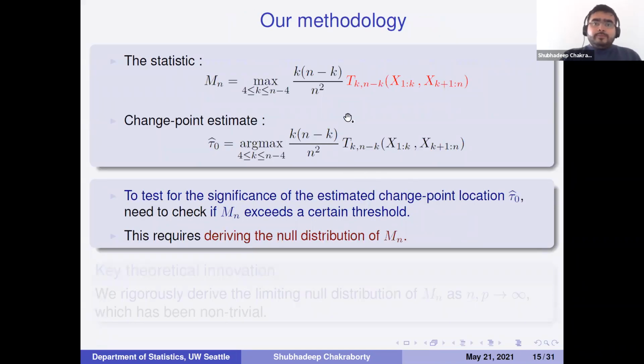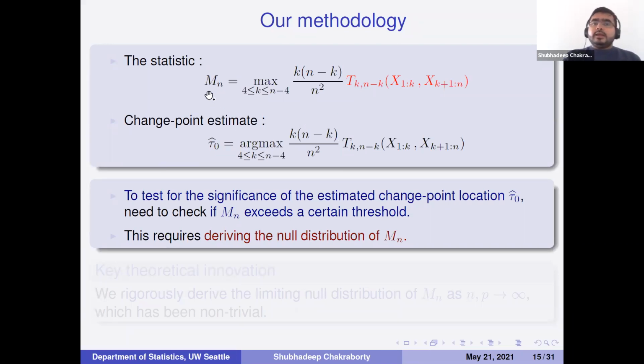So what we propose is a candidate change point location estimate to be the maximizer of this, where this is, as I said, just the two sample statistic based on the generalized energy distance, along with a suitable or appropriate weight function.